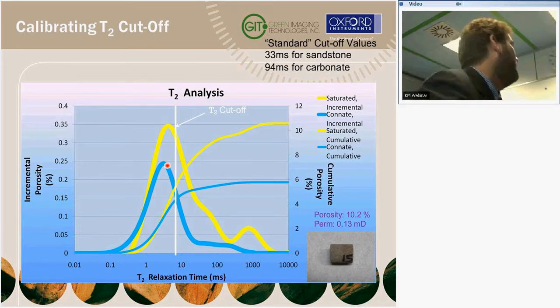The question is, can we see it? The amount of fluid is very small, and the pores they're in are very small, which from an NMR standpoint means the T2s are very short, which makes them difficult to measure. So in actual fact, there's a large amount of fluid in the pores, but often the tool can't see it.